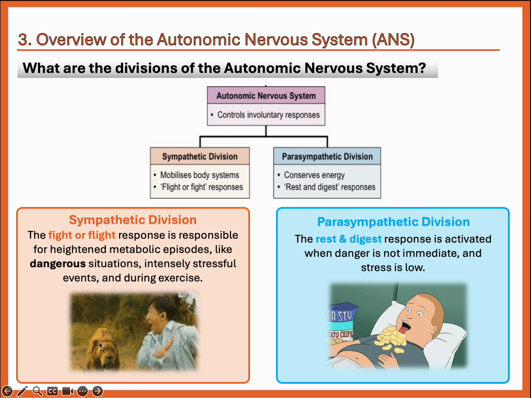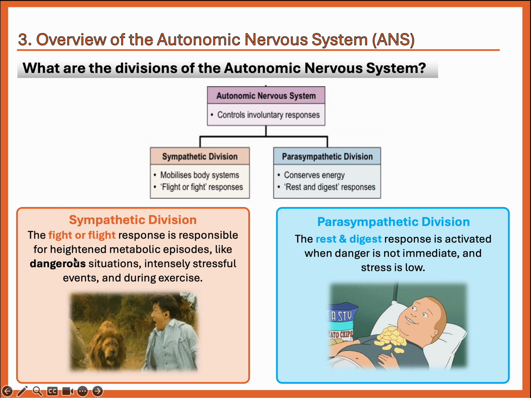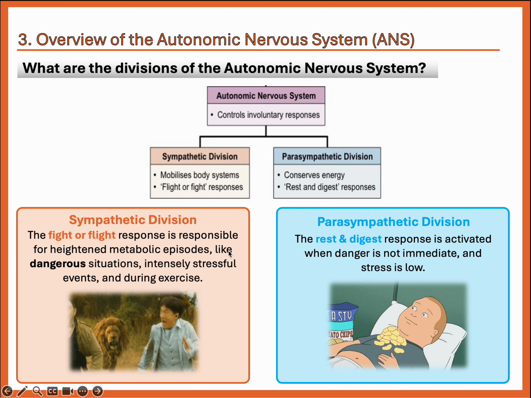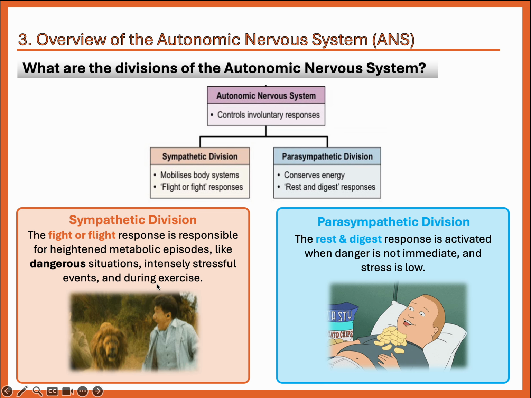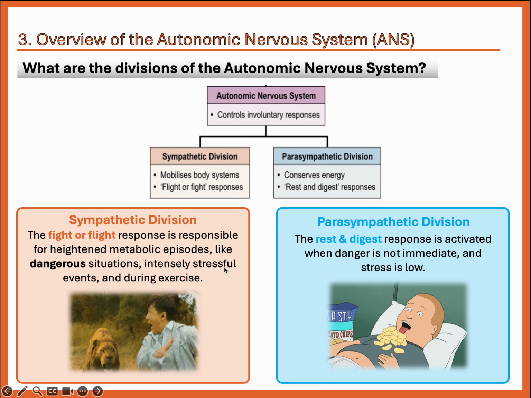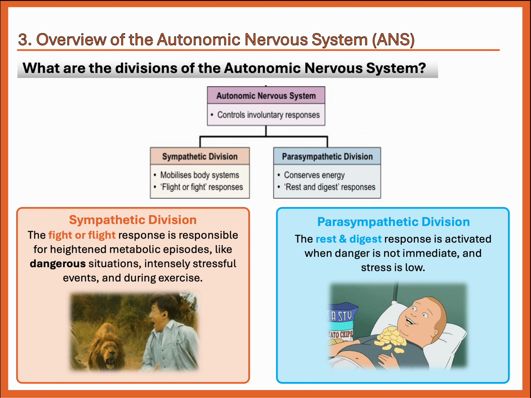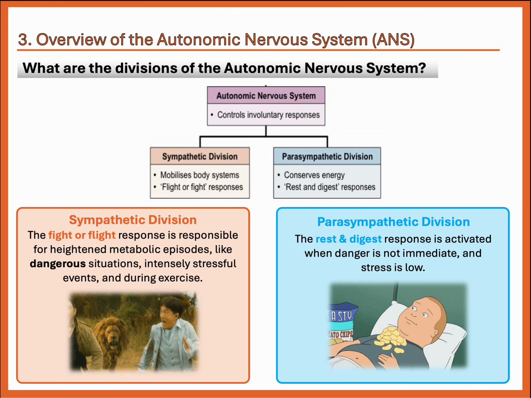So again, sympathetic division, this is the fight or flight, is responsible for heightened metabolic episodes, increasing metabolism in a dangerous situation, intensely stressful events, and during exercise. You know this. When something scary is happening, maybe someone's running after you and you don't know what's going on, you're in a haunted house, your heart rate goes up, you start sweating, right?